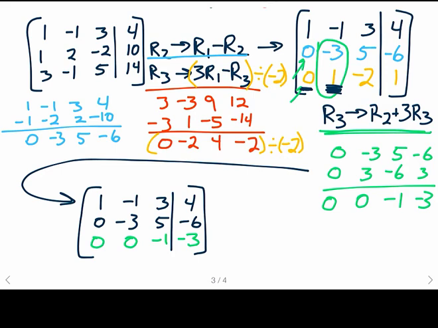Now, if you wrote down, and I hope you did, what we want to do, we now want to get zeros in the third columns of the second and third rows. We're going to use row 3 to do that. That way we keep everything nice and tidy. So we're going to replace row 1 and we're going to replace row 2.